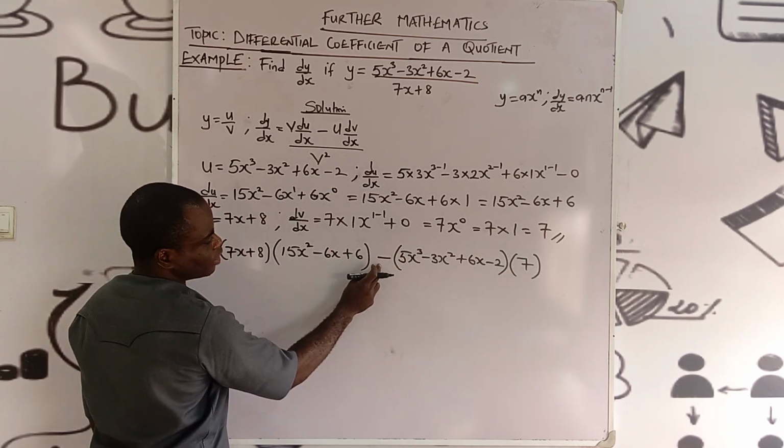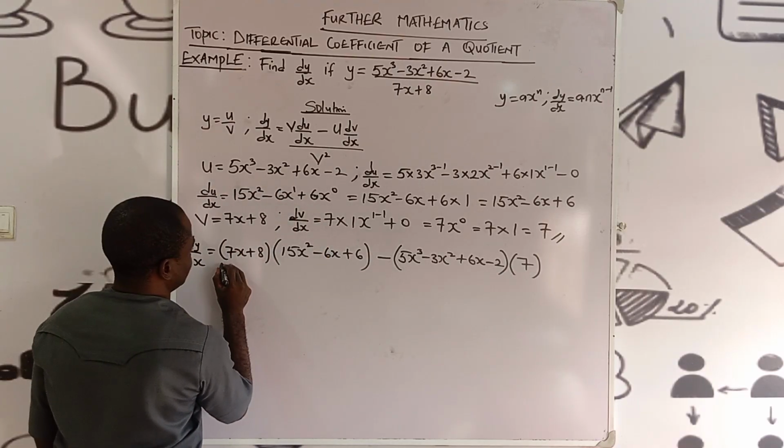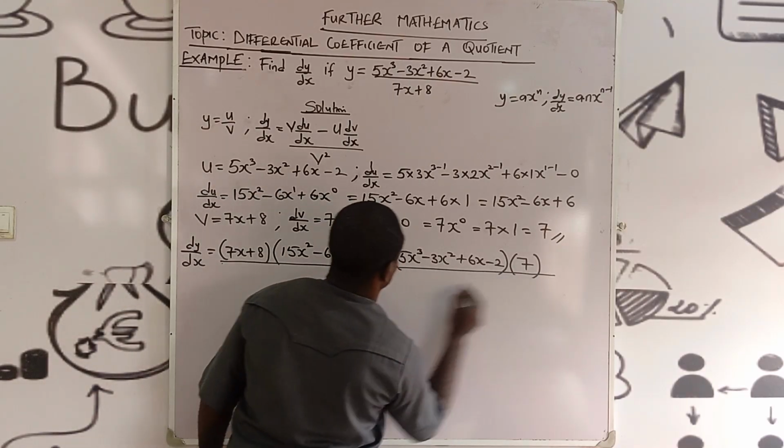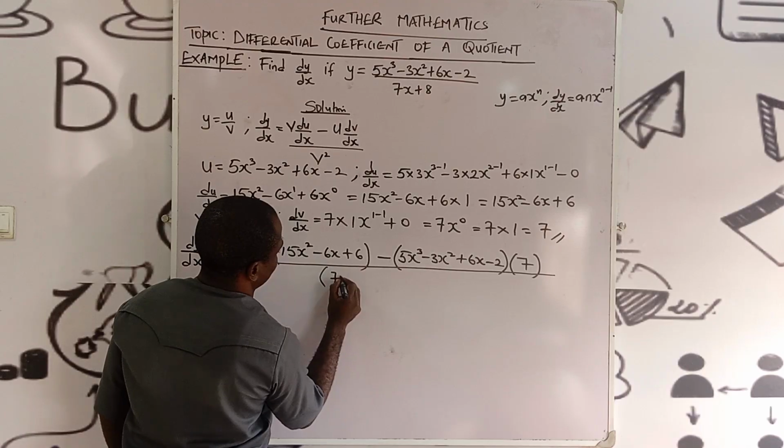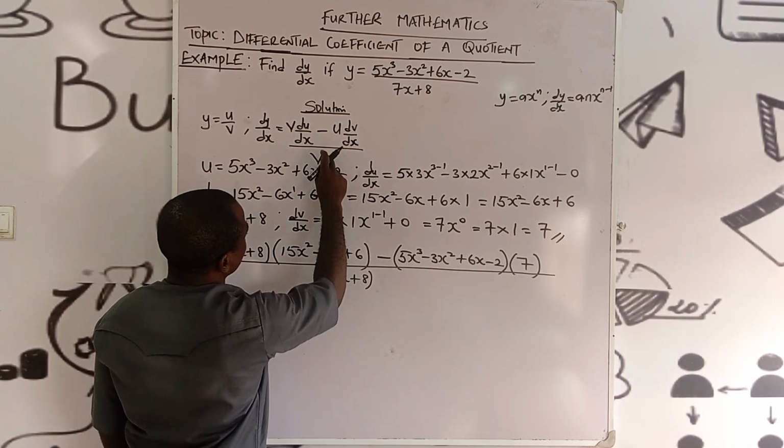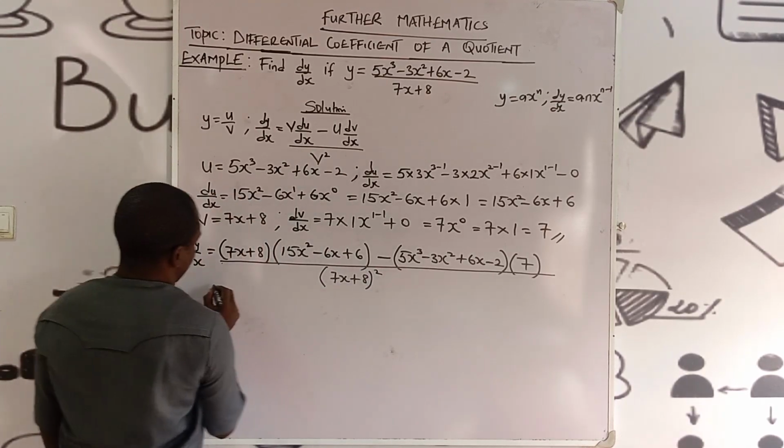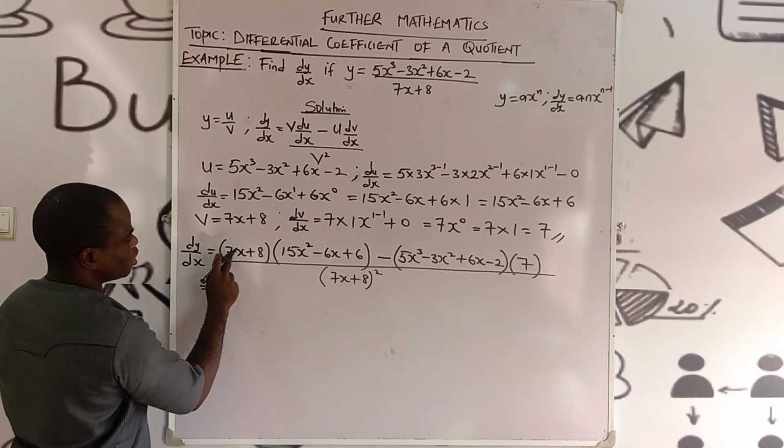Please don't forget that this negative is multiplying everything here, over 7x plus 8, which we are going to square because of this v squared. Okay, now let's open the bracket.